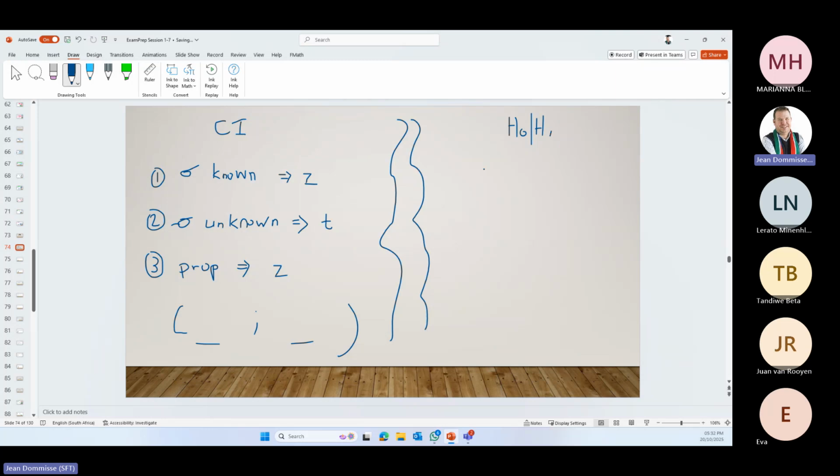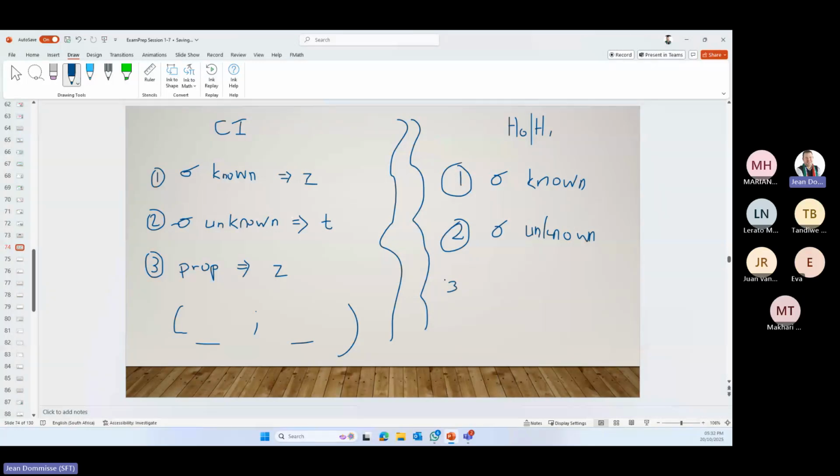And again, there we would have it where the standard deviation is known, where standard deviation is unknown, and then we can also look at the proportions.